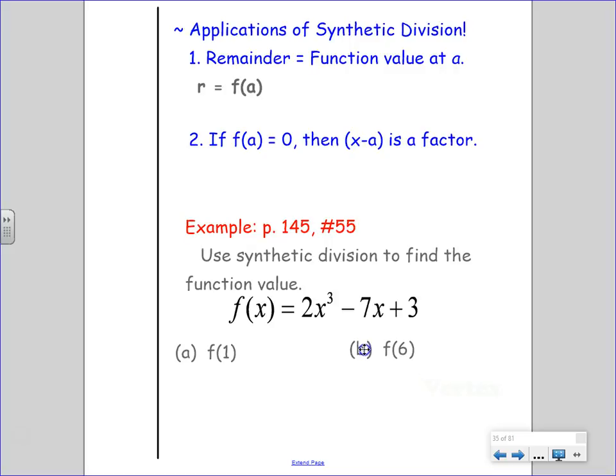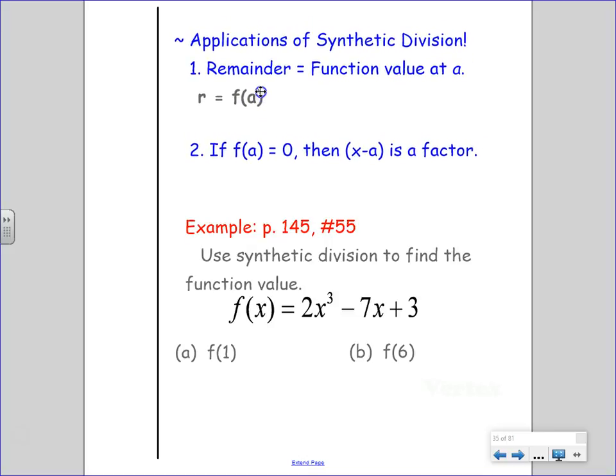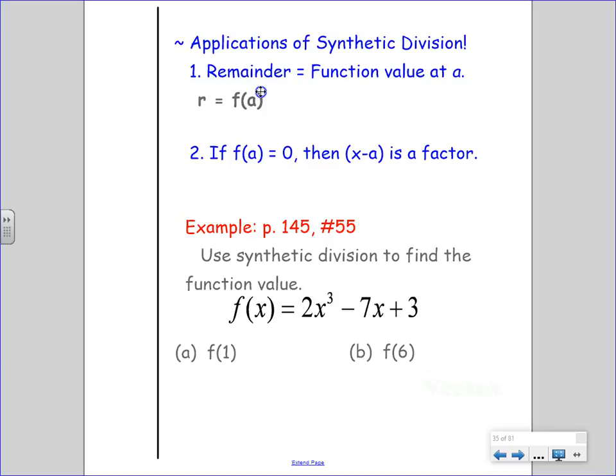We'll get there in just a second with our example. But first, write down your application of synthetic division. The remainder from synthetic division is the exact same thing as the function value at a.